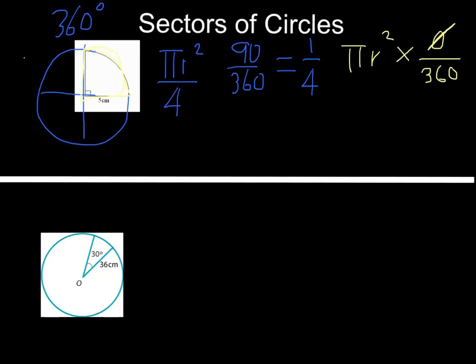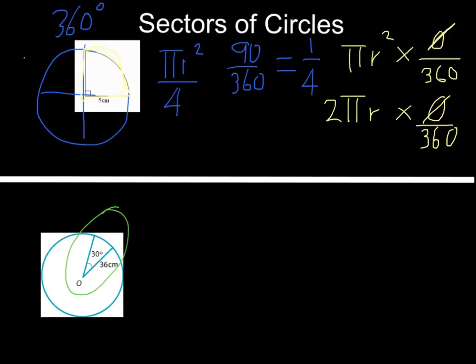You could do the same thing for the circumference. In this case, you could use 2 pi r times the ratio of the angle, or the fraction of the angle of a full circle. Let's have a look at this second example. You can see that the sector size here is 30 degrees.